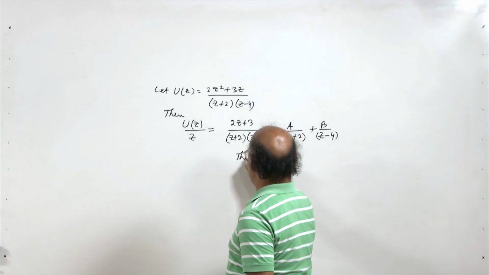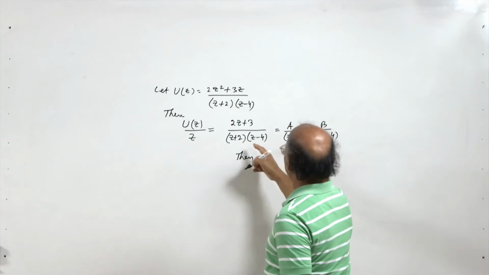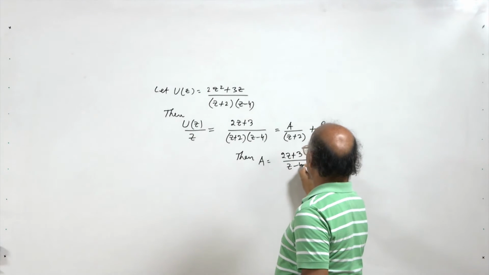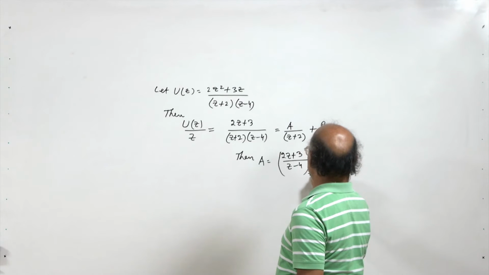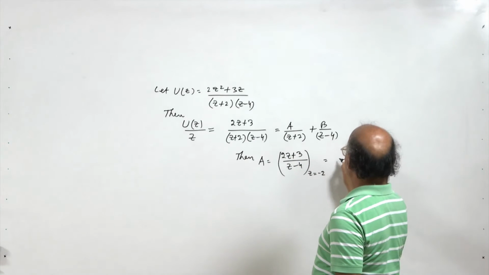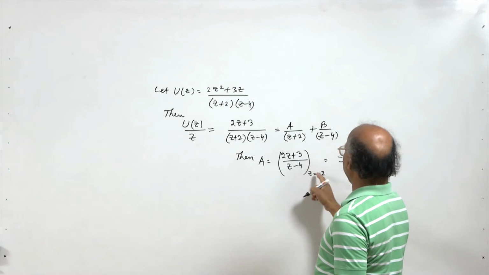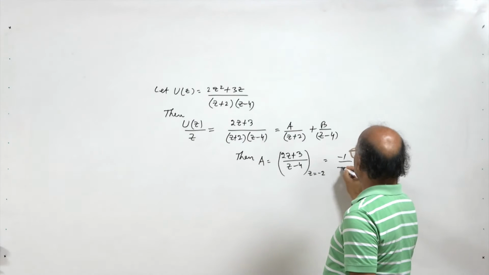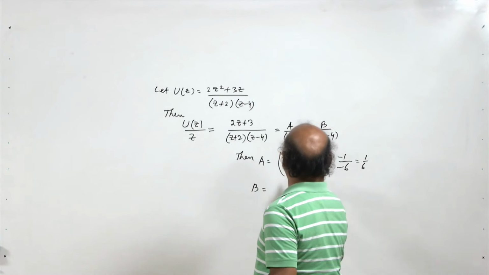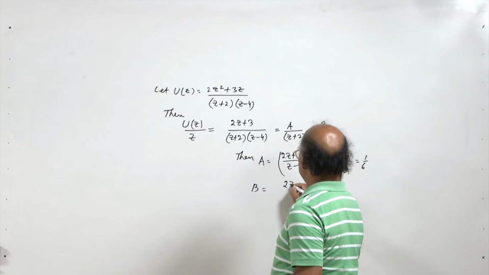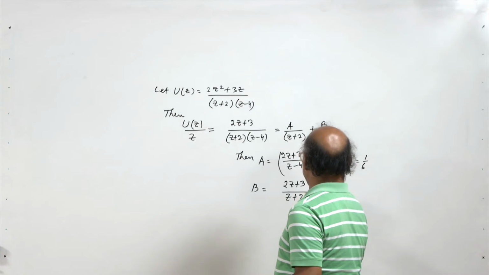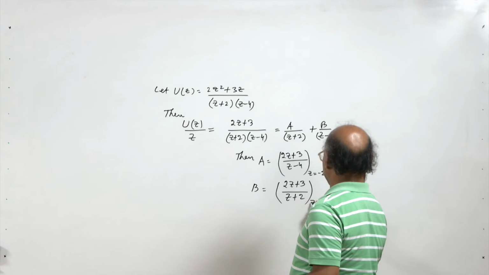So, A will be equal to (2z plus 3) divided by (z minus 4) evaluated at z equal to minus 2, and this will give you (minus 4 plus 3), so minus 1 divided by (minus 2 minus 4), that is minus 6. So, we will get 1 by 6. And B will be equal to similarly (2z plus 3) divided by (z plus 2), and we will have to evaluate this at z equal to 4.